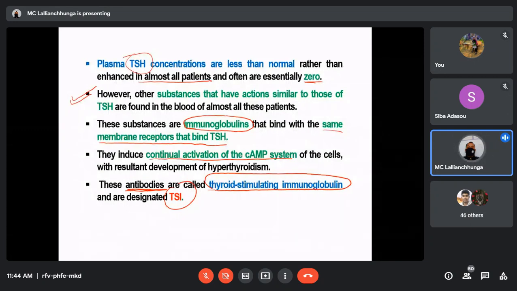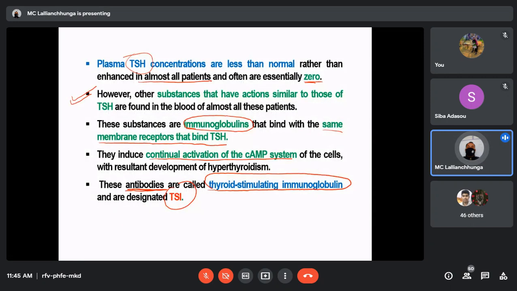So in almost all cases of hyperthyroidism, instead of TSH binding to its receptor, there will be TSI. TSI will bind to the TSH receptor, so that it will stimulate production of T3 and T4 to a great extent. That is why in hyperthyroidism, most of the time, TSH concentration is very low. It may be zero also, as I told you.